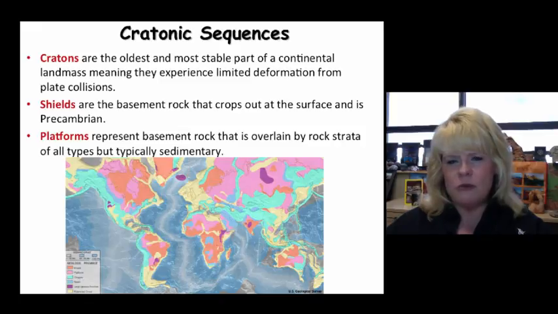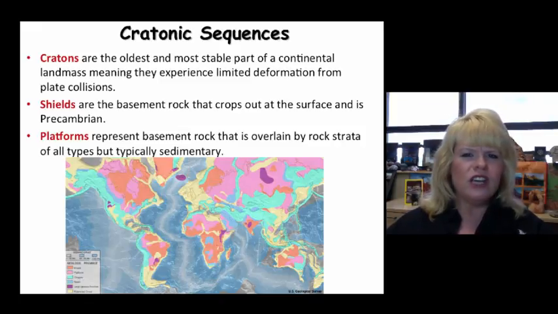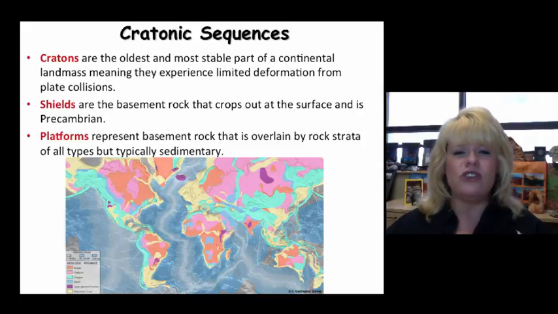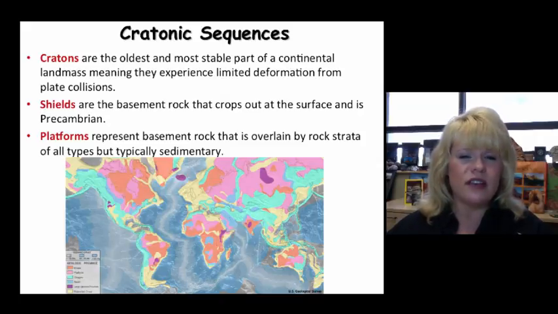Shields are the basement rock that crops out at the surface, and it's Precambrian in age. So anytime we've got shield rock, it's the oldest, and sometimes if you're looking at really old shield rock, it is some of the original stuff that we got made during the Archean.